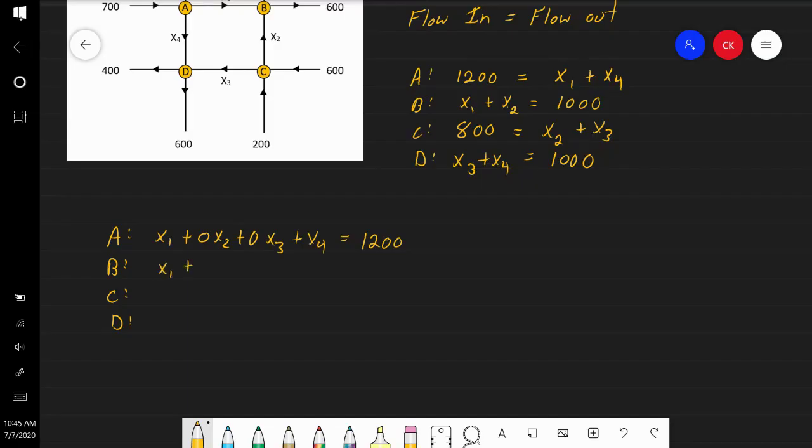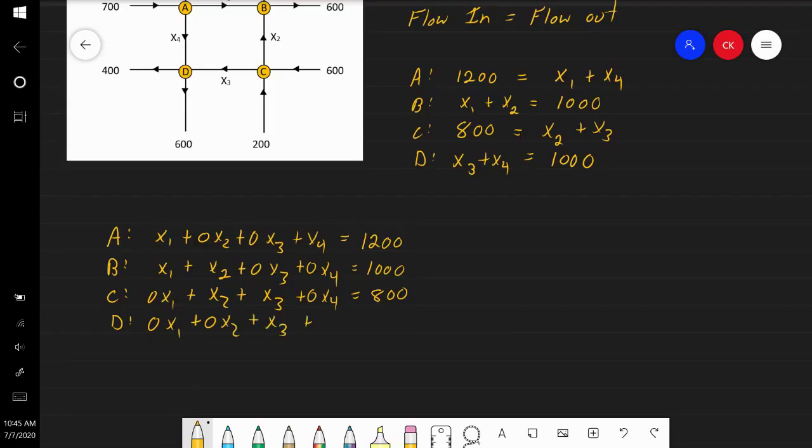Intersection B will look like x1 plus x2 plus 0x3 plus 0x4 equals 1,000. C will look like 0x1 plus x2 plus x3 plus 0x4 equals 800. And D will be 0x1 plus 0x2 plus x3 plus x4 equals 1,000.